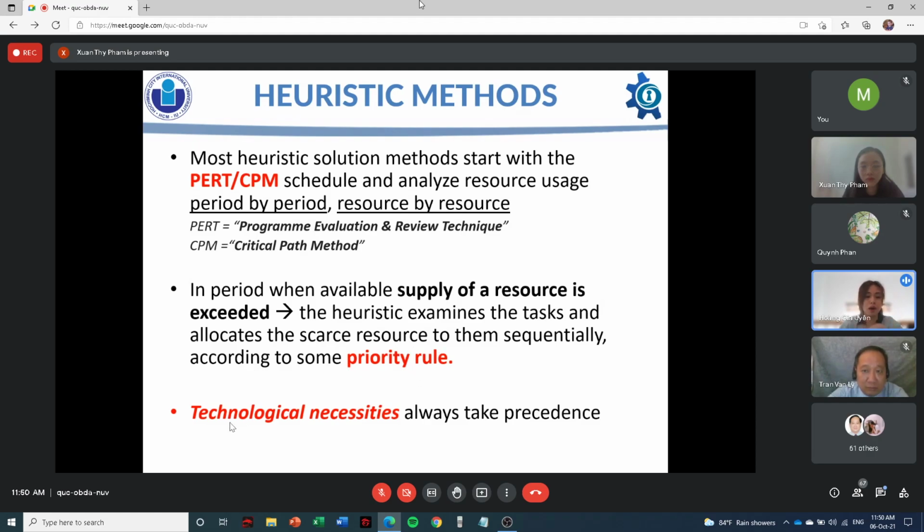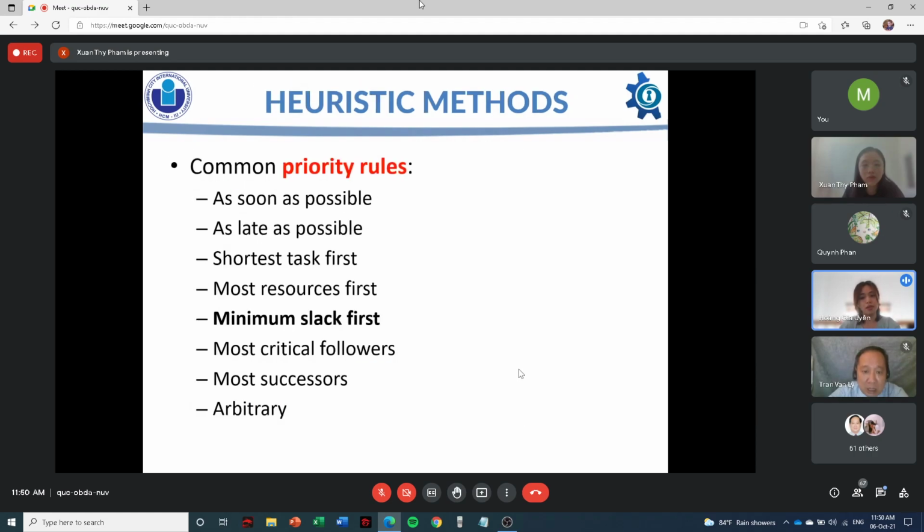So among these priority rules, technological necessities always take precedence. Some of the common priority rules include as soon as possible, as late as possible, shortest task first, most resources first, minimum slack first, most critical followers, most successors, and arbitrary.